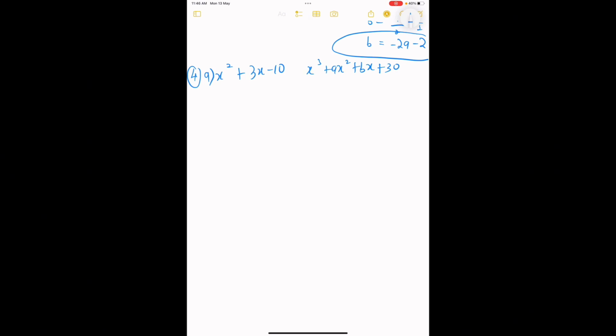So this is your f(x). And then from here you can find the equation to find the two factors or values of x. So when you use the equation, it gives you x is equal to 2 and x is minus 5.